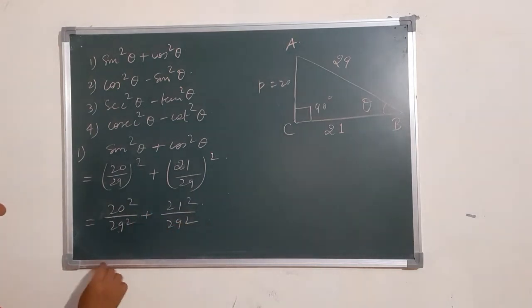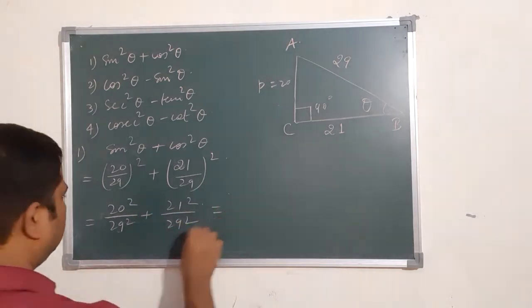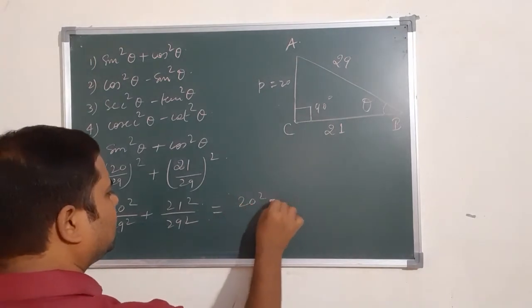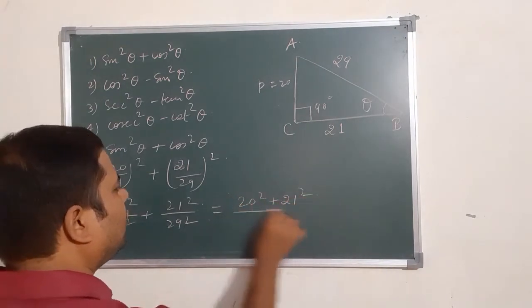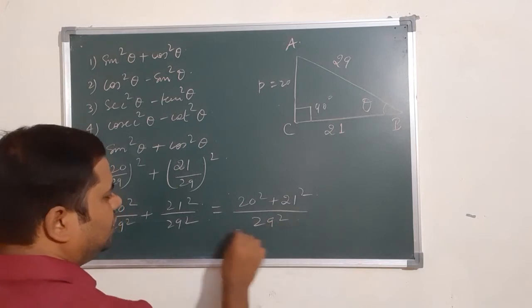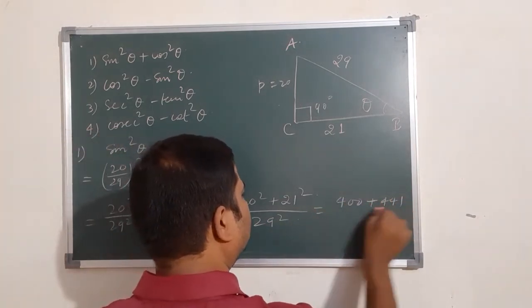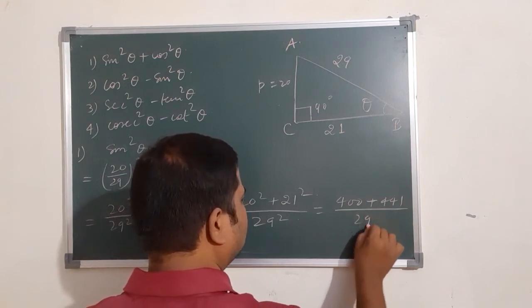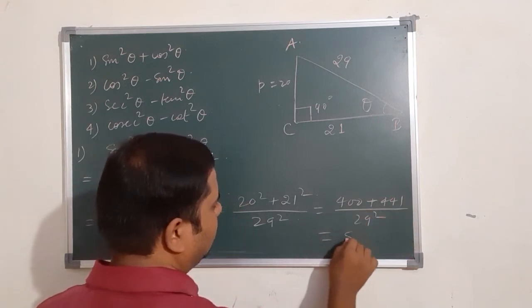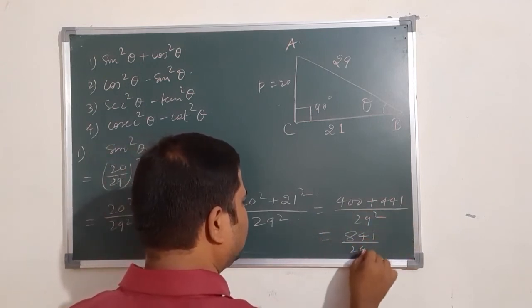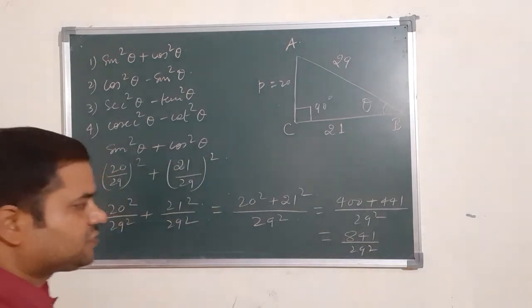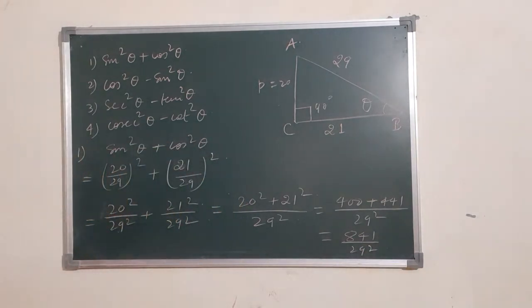So this is 20 square plus 21 square upon 29 square, which is 400 plus 441 divided by 29 square. This is 841 divided by 29 square, and 29 square is 841.